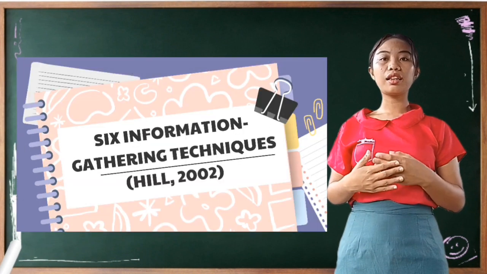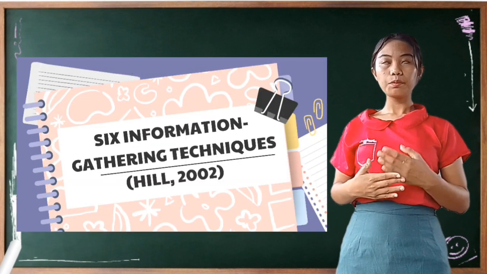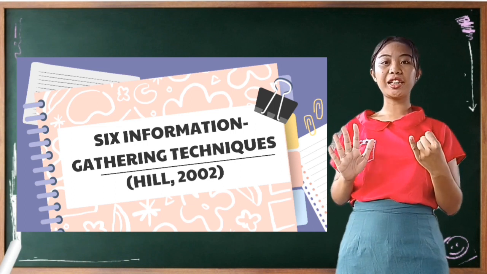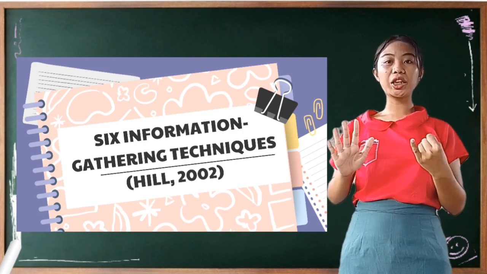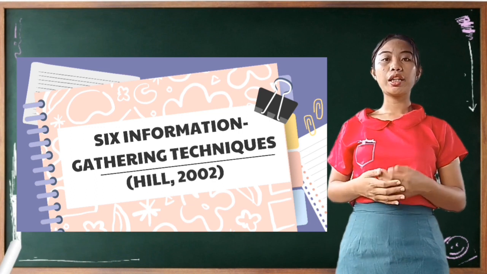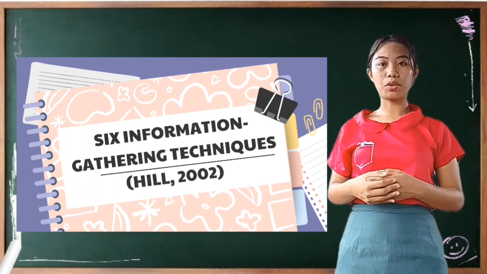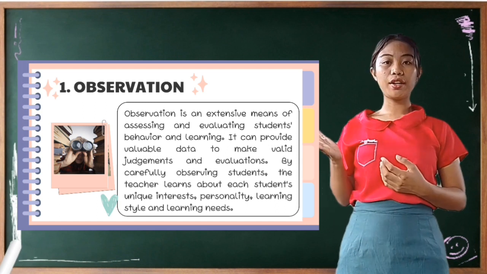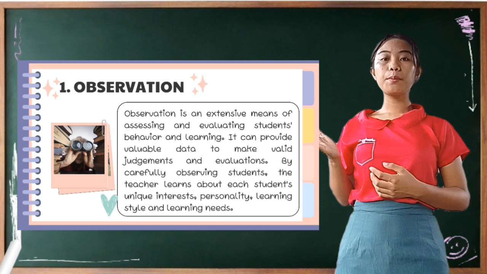Now, in the year 2002, Hale identified the six information gathering techniques or methods that can be used for the purposes of evaluation. And the first one we have is observation.